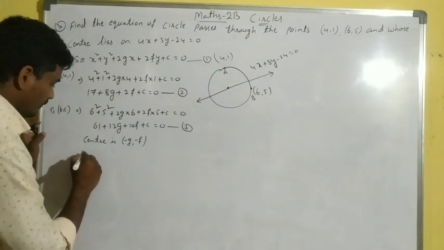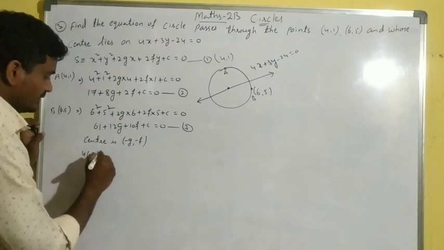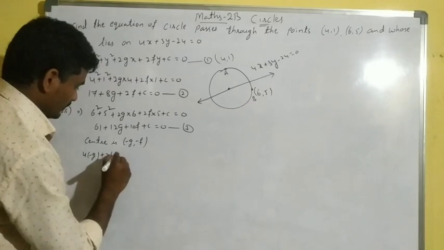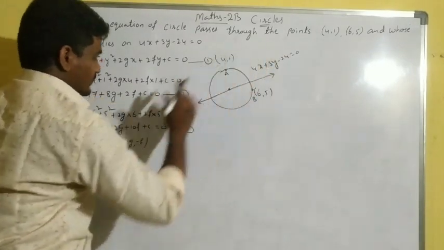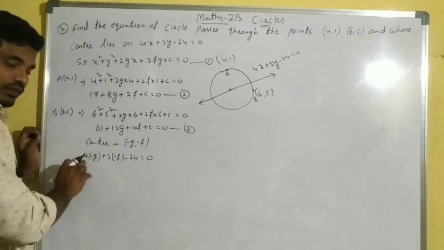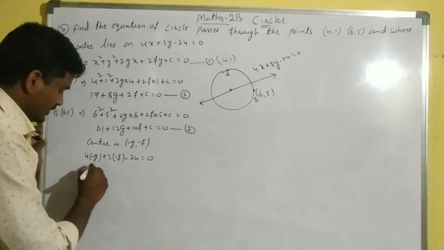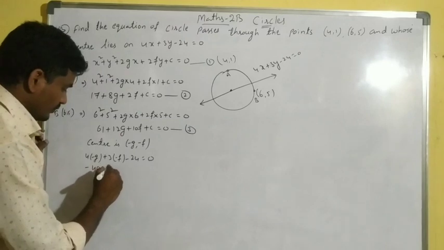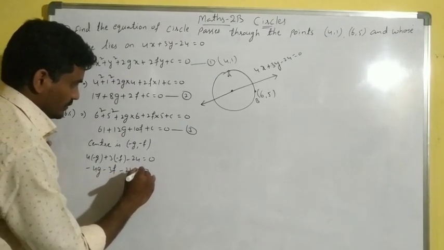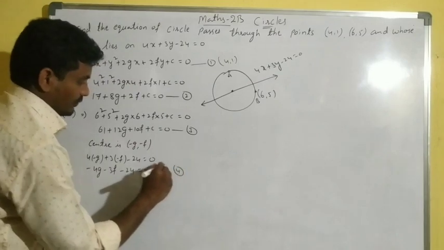We get 4 of minus g plus 3 of minus f minus 24 equals 0. 4 times minus g is minus 4g, minus 3f, minus 24 equals 0. This is equation number 4.